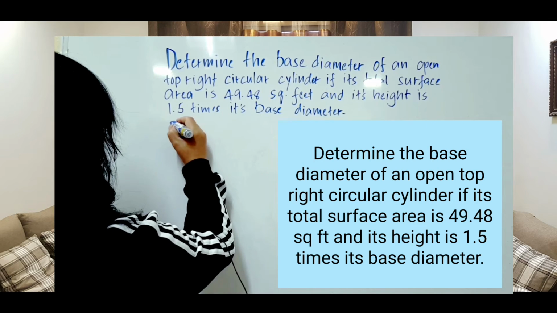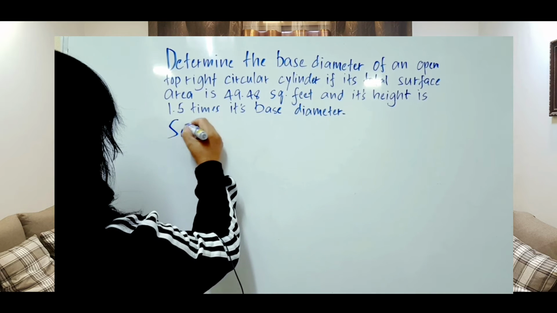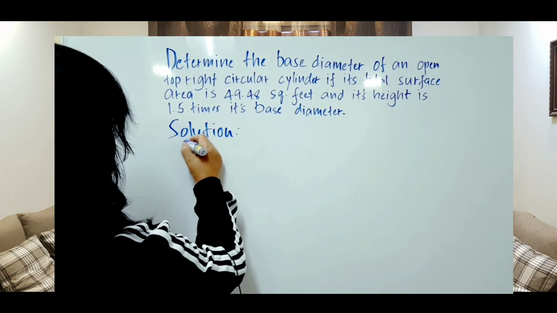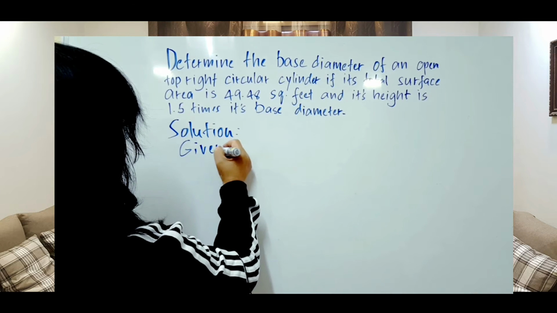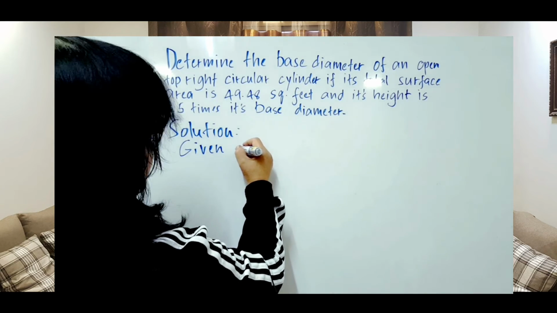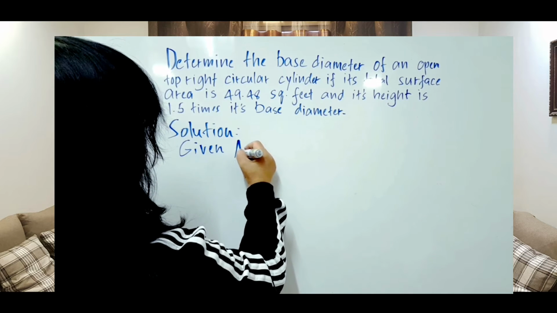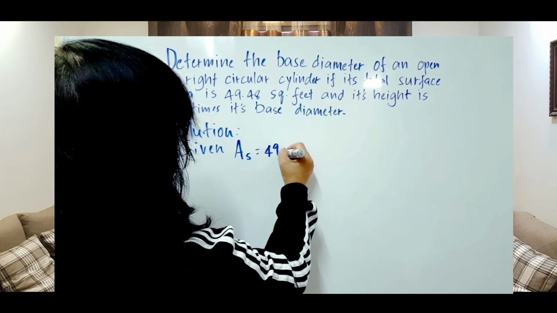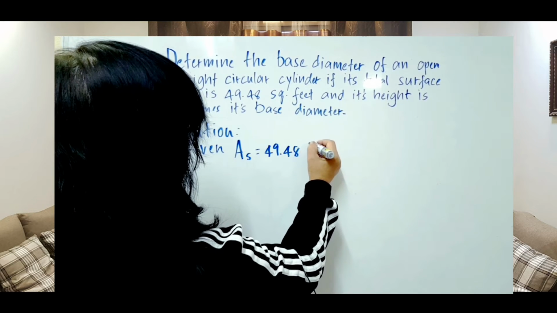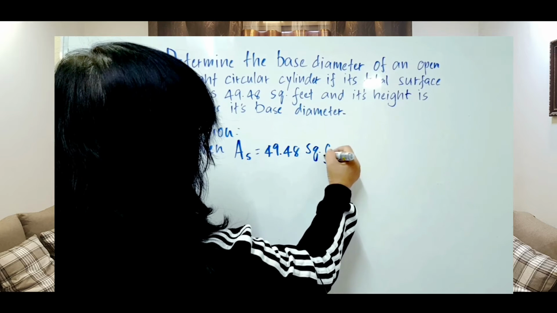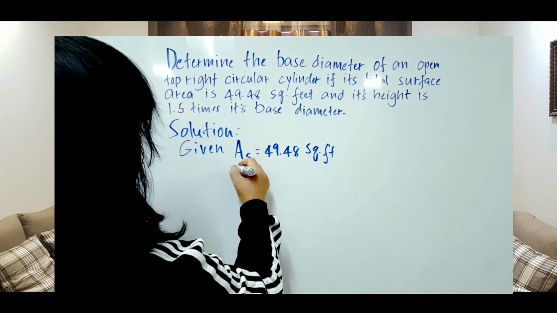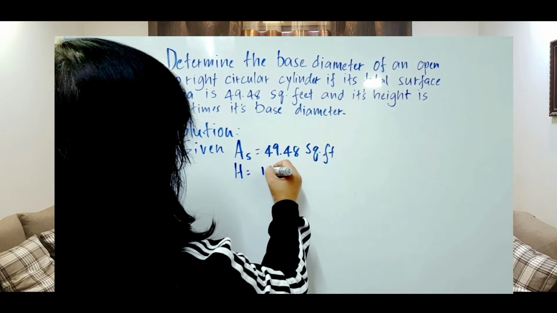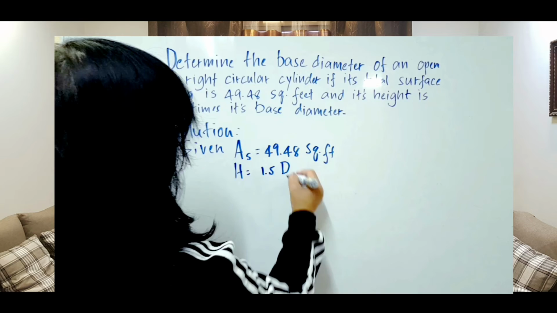So, if we write the solution, what is given here is the total surface area, which is equal to 49.48 square foot, and the height, which is equal to 1.5 times the base diameter.